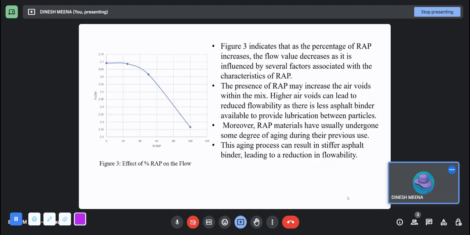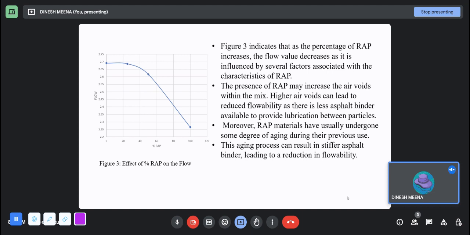Then figure 3 shows the effect of percentage RAP on the flow. Figure 3 indicates that as the percentage of recycled asphalt pavement increases, the flow value decreases as it is influenced by several factors associated with the characteristics of RAP. The presence of RAP may increase the air voids within the mix.